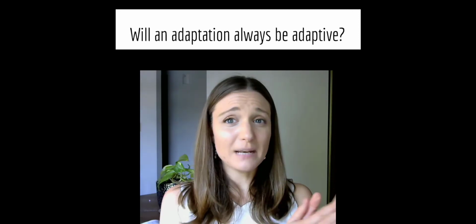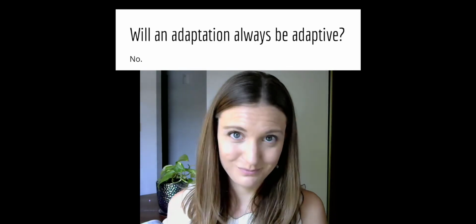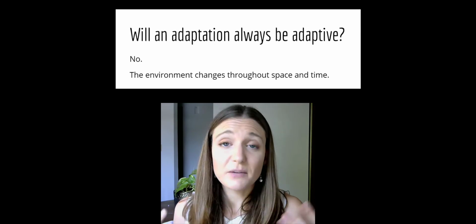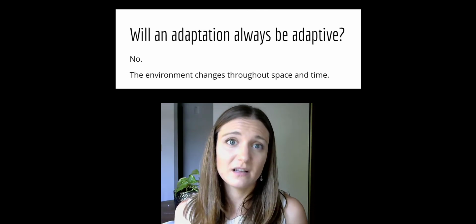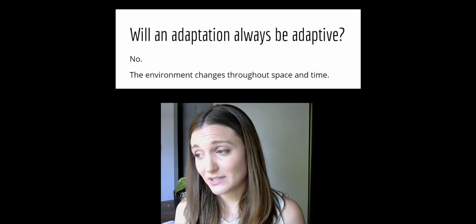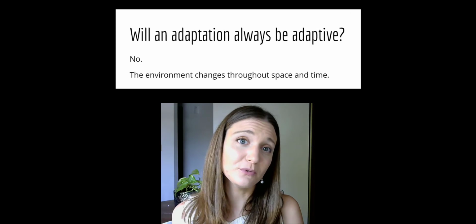Okay, will an adaptation always and forever be adaptive? No, because the environment changes, right? If the environment changes, a trait that was adaptive in one environment might not be helpful in a new or different environment.